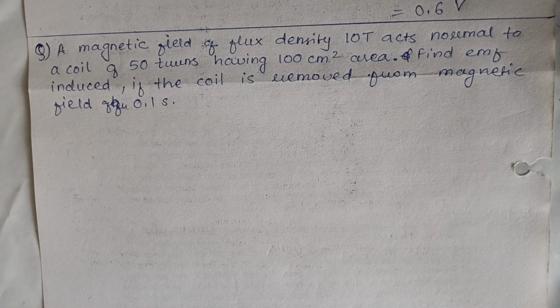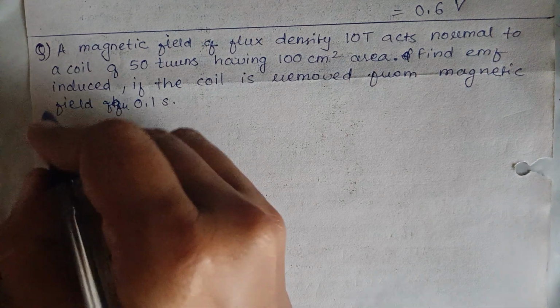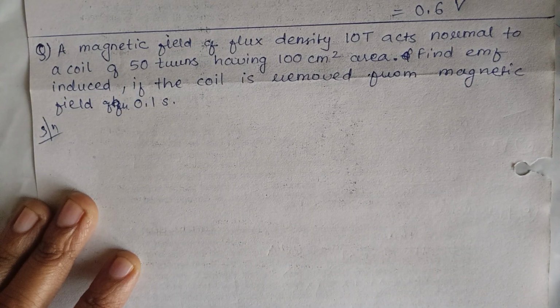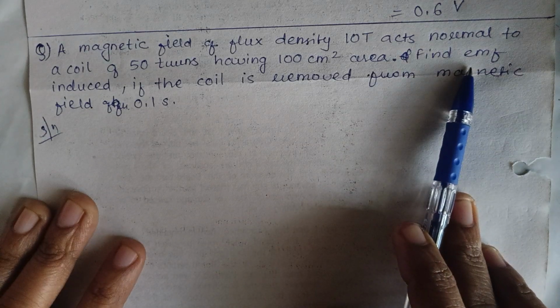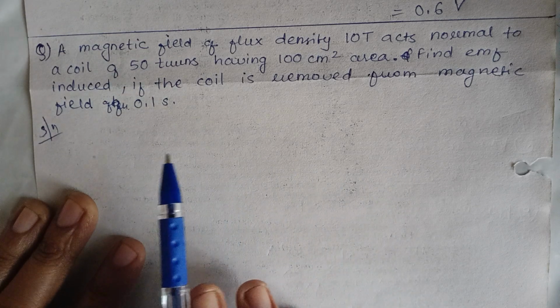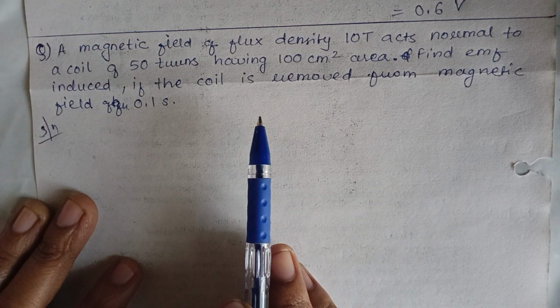Next question. A magnetic field of flux density 10 Tesla acts normal to a coil of 50 turns having 100 centimeter square area. Find EMF induced if the coil is removed from magnetic field after 0.1 second. So here we have to find the induced EMF, right? For that we want the magnetic flux, so we have to make use of this given information.